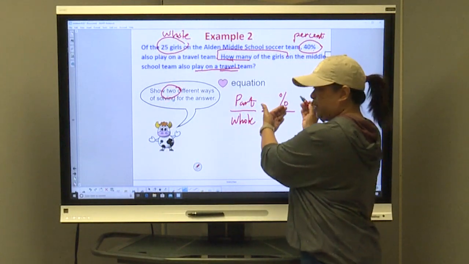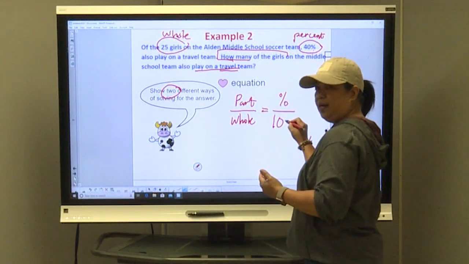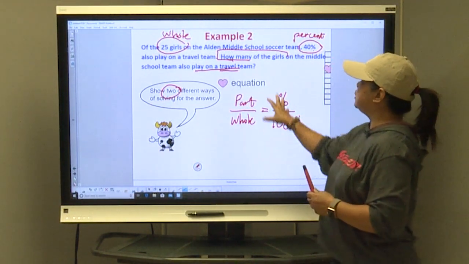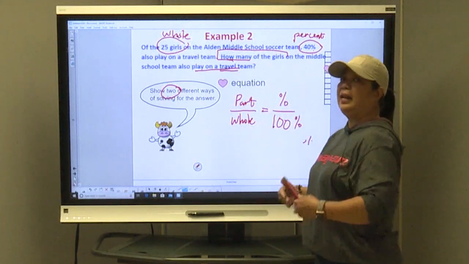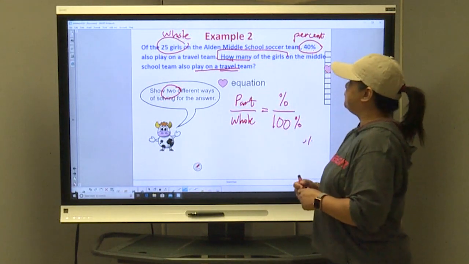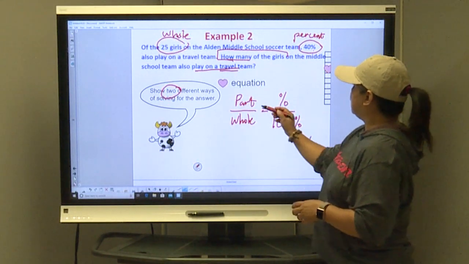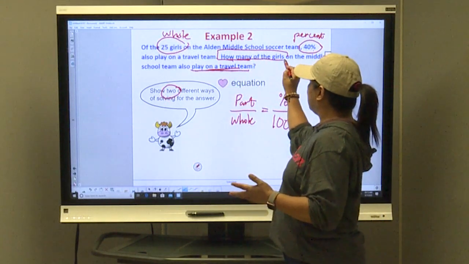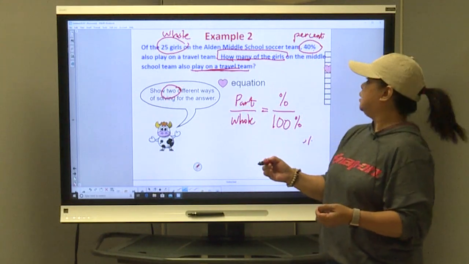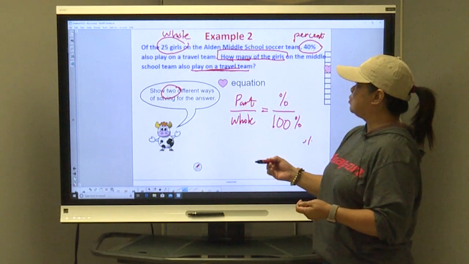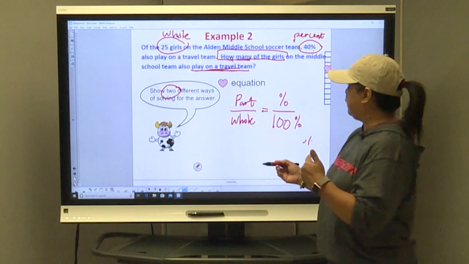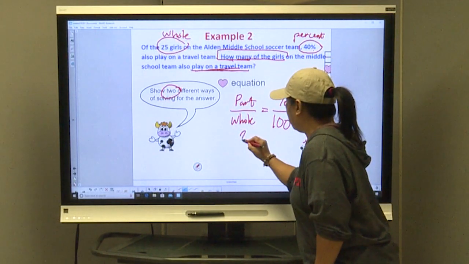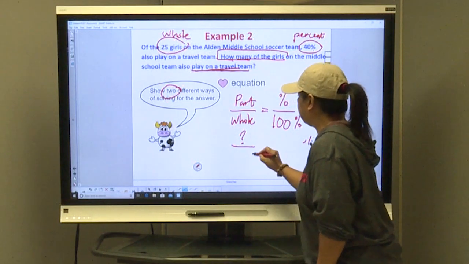What is the whole thing when it comes to percent? You're right, 100%. Okay, so all we need to do is, based on this information, let us set up our equation. So it's the part there. It says how many of the girls on the middle school team also play on a travel team. So that means to say, I am looking for the part. So there's my question mark right there.